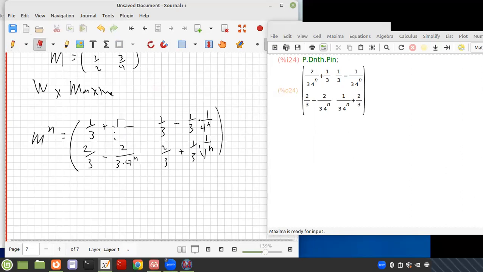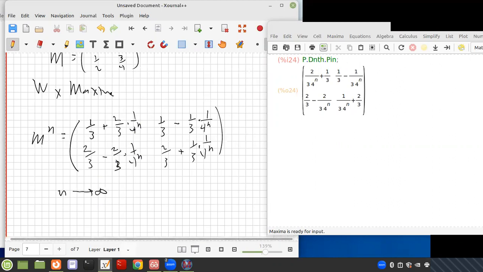This is 2/3 times 1/4 to the n, and this one is minus 2/3 times 1/4 to the n. Okay. Now the question is, what happened? This has a nice limit when n goes to infinity. See, this is 1/4 to the n.